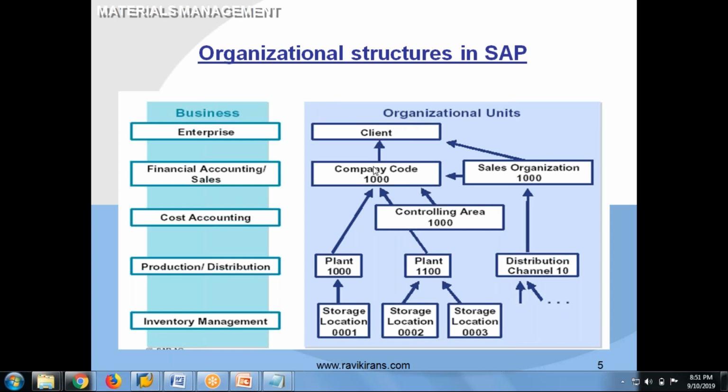Company code and controlling area are created by the FICO consultant.